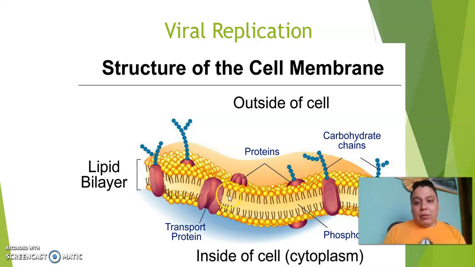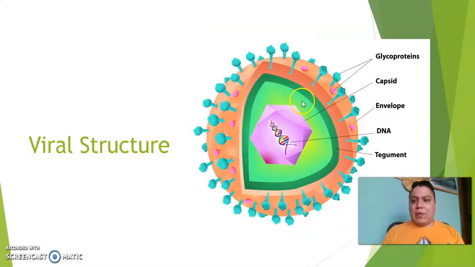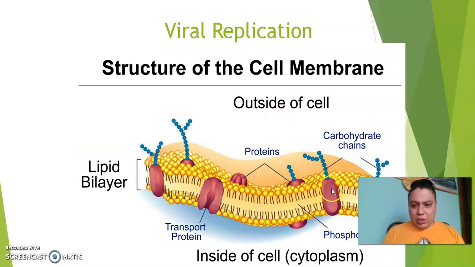If you remember, among other things, the phospholipid bilayer is made out of these proteins over here, and this carbohydrate chains, all right, and just like from the virus, they are also called glycoproteins. So the combination of this protein and this carbohydrate are called glycoproteins. But it's quite interesting, right, that they both have this glycoproteins.